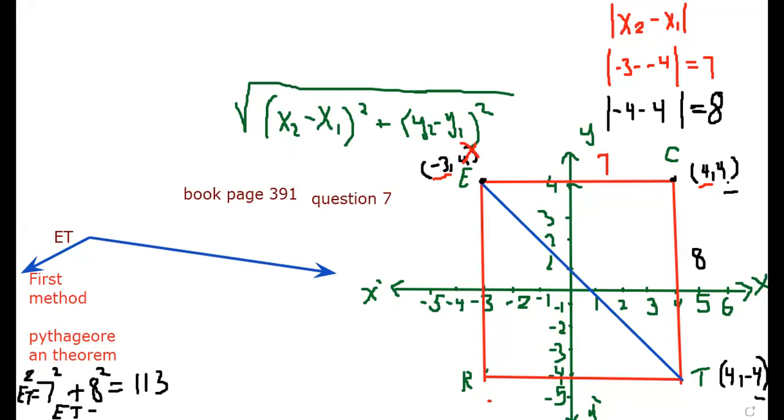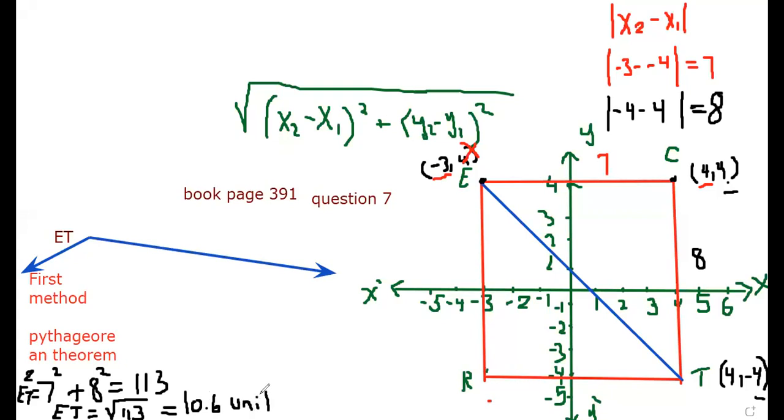If I want to find the answer in a decimal number, it will be what, grade 8? 10.63. Yes, so we can say 10.6, that's enough, right? We can say that this is 10.6 to the nearest unit. So this is 10.6 units.